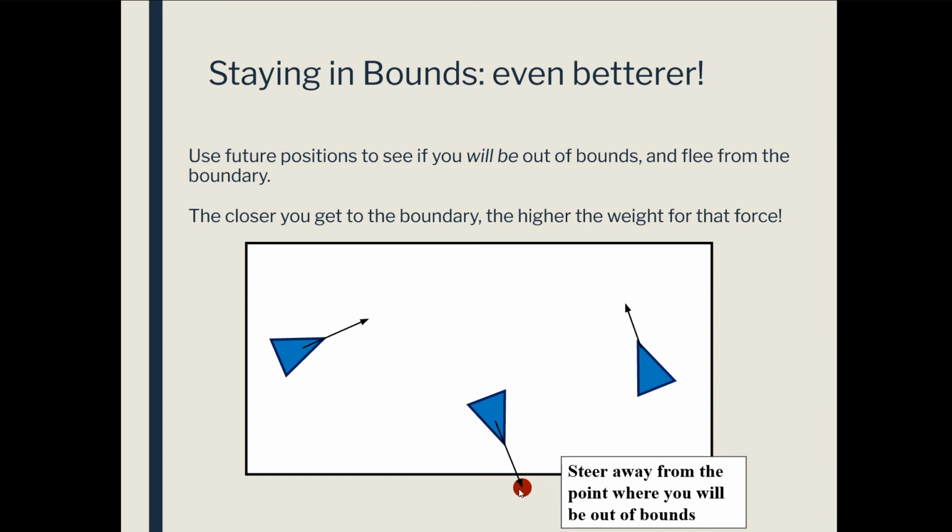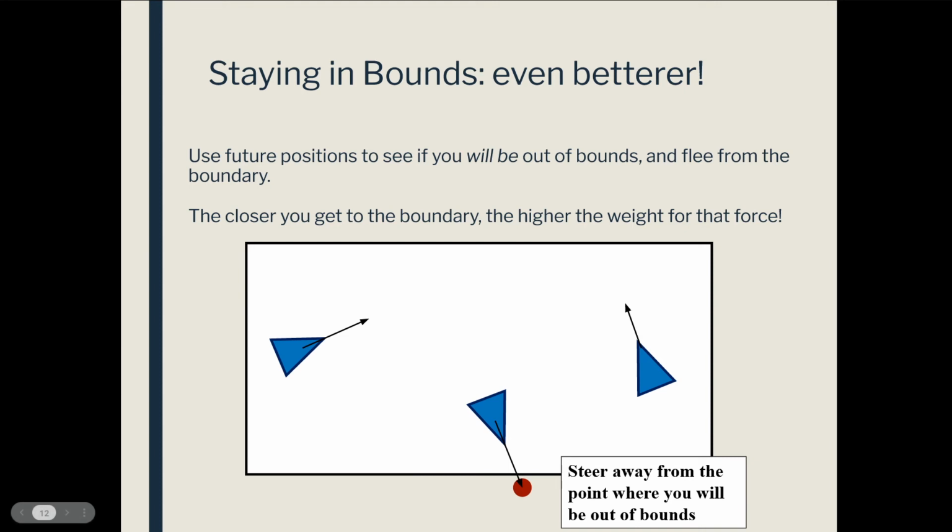And then if they are out of bounds, we want to steer them back in bounds. And then we can use force weighting to say the closer we are to the boundary, the greater this steering force should be. So as we get closer and closer to the edge, we want to seek away from this edge, or flee away from this edge in this case.